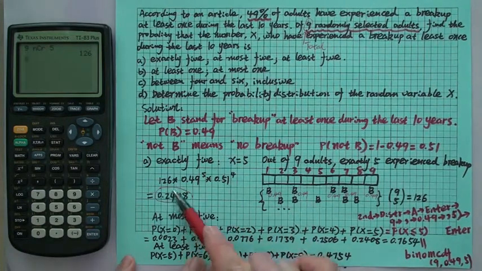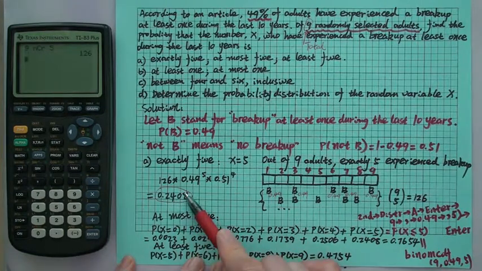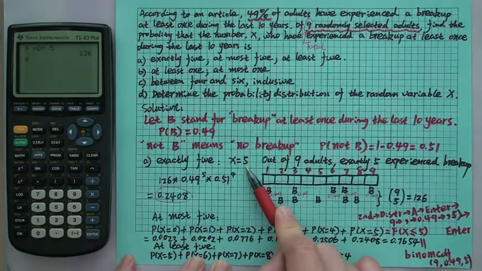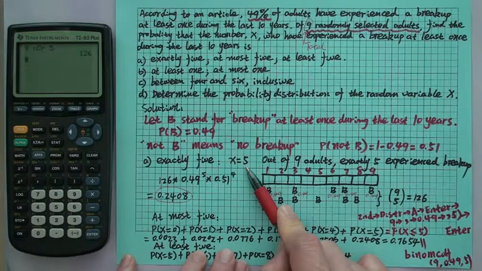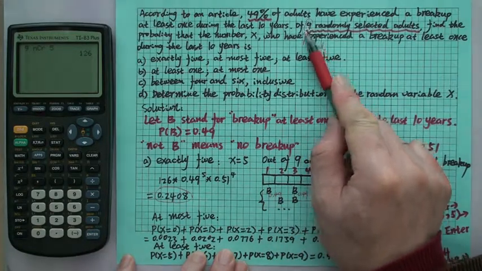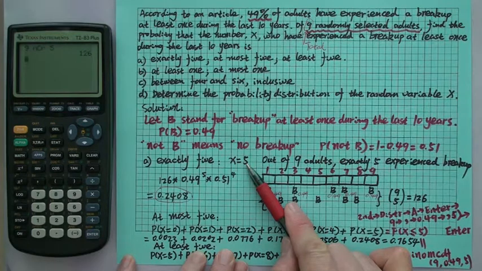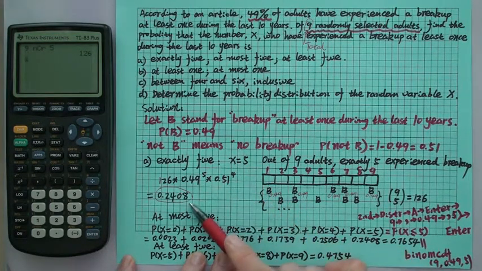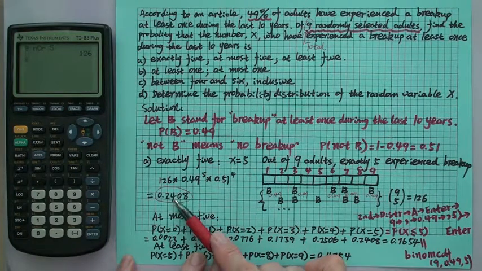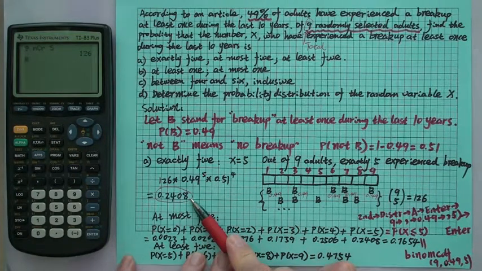Then you have 0.2408, which is the probability for x equals 5. So the probability that exactly 5 out of 9 people have experienced a breakup at least once during the last 10 years is 0.2408, close to 25%.